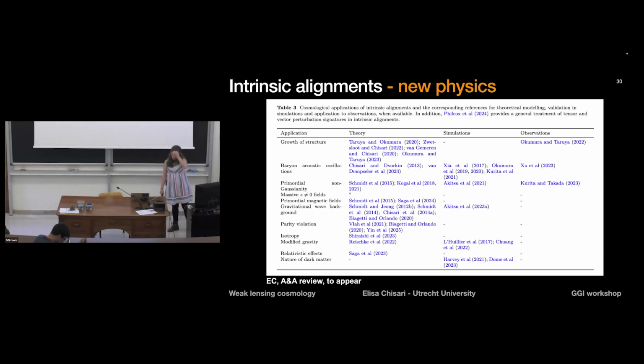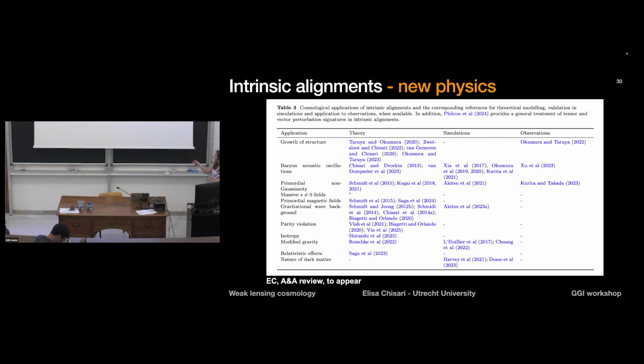Okay, it's not all bad news, because there's a lot of new physics to learn from alignments, just from the massive galaxies. These are a bunch of things that you could do with them. And these are the papers that have looked into all these things, the theory papers that have proposed that you could use alignments to constrain all of these particular physical processes.